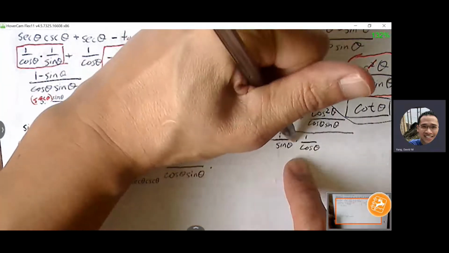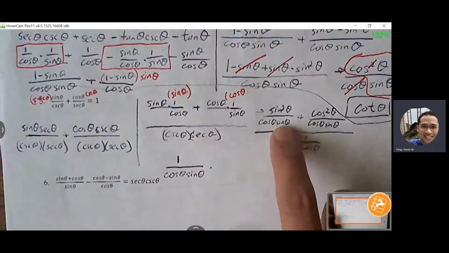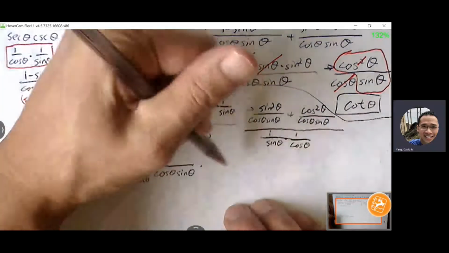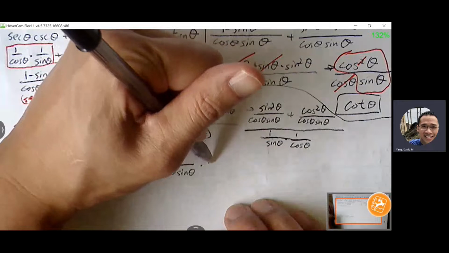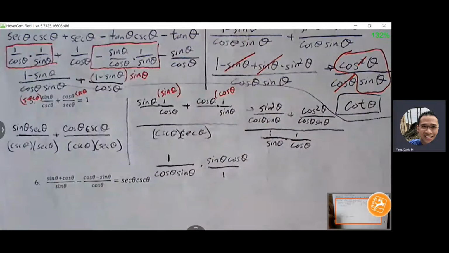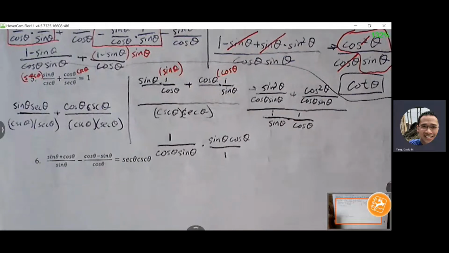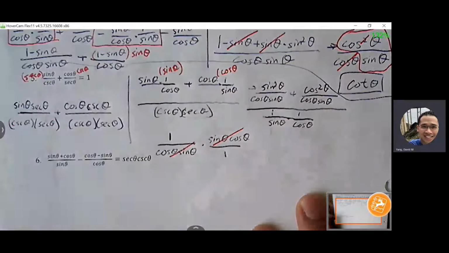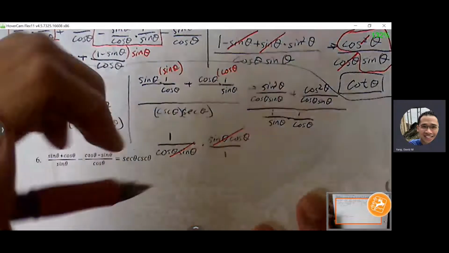Now I can just have all this under one fraction, right? 1 over sine theta cosine theta. So I can multiply by the reciprocal, which is sine theta cosine theta over 1. So that works out nicely, right? We get those to cancel out. We're able to confirm there's a match with the right side equals to 1.